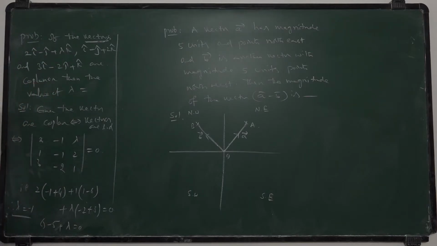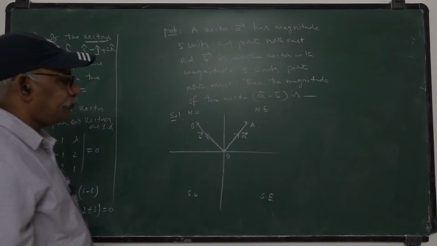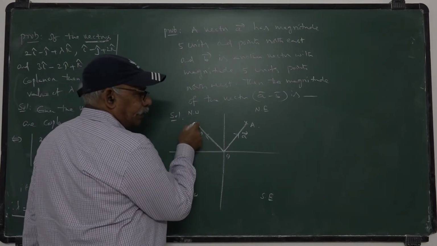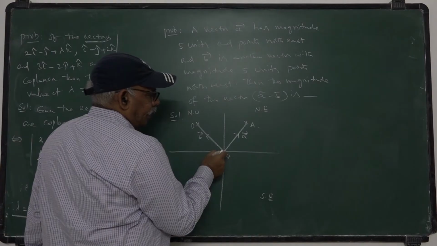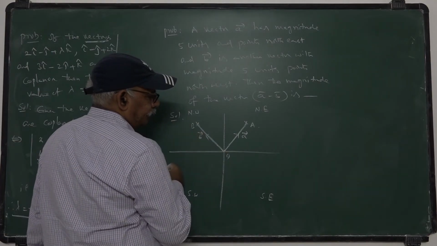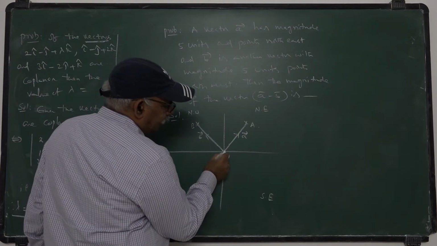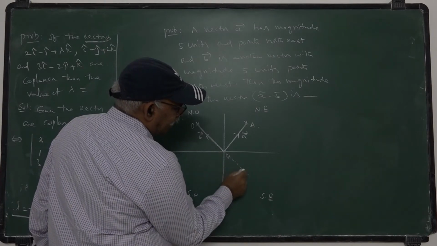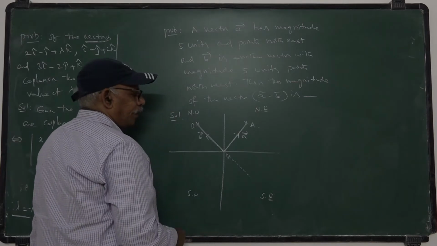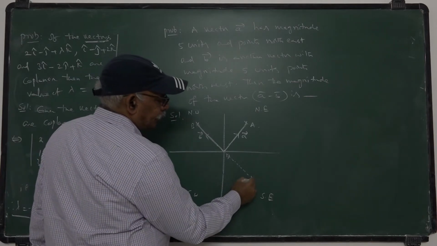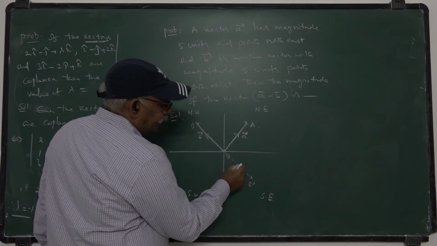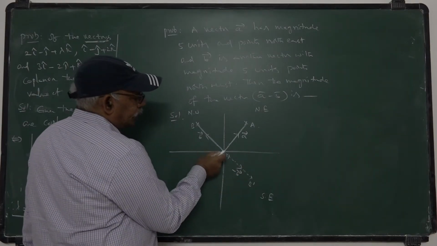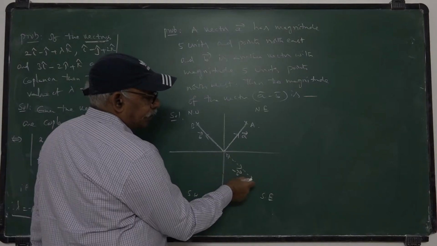Now the magnitude of A bar minus B bar. Once you take the same magnitude vector in the opposite direction, suppose B dash, this vector is minus B bar, because this length is same to that of this length.